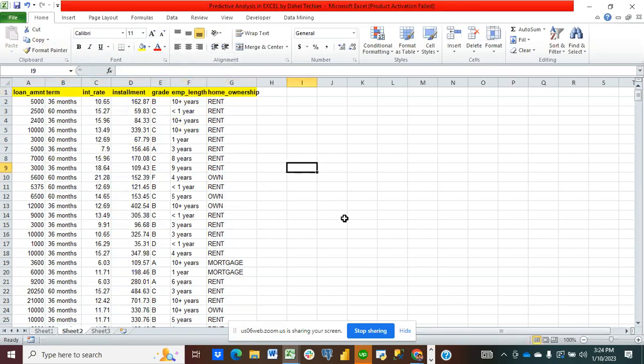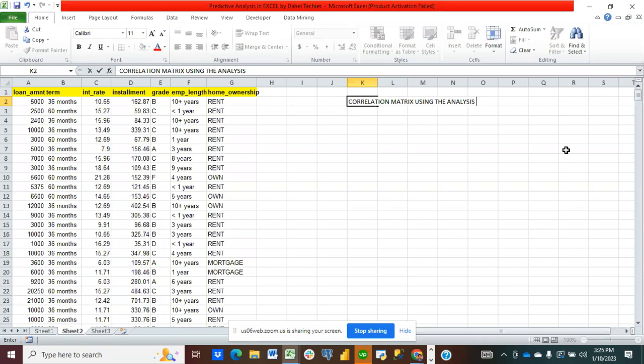Okay, so for correlation matrix, I'm going to do this here. Correlation matrix using the analysis tool pack. That's what we want to do now.